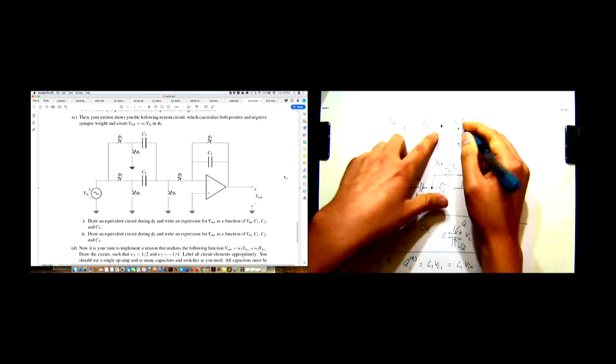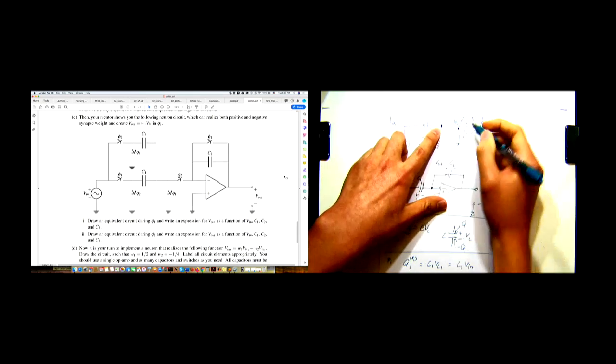In phase 2, these nodes get connected together, so we have to find the total charge at these two nodes. We calculated C1 Vin at this plate, which means that we have negative C1 Vin at this plate.